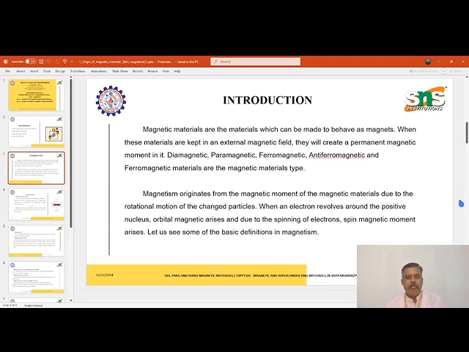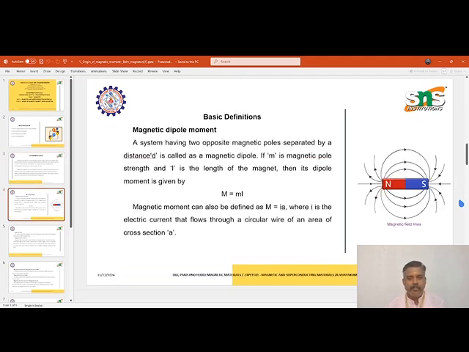Let us see the basic definitions of magnetism. Magnetic dipole moment: two opposite magnetic poles separated by a distance d are called a magnetic dipole. Then m is the magnetic pole strength and L is the length of the magnet.